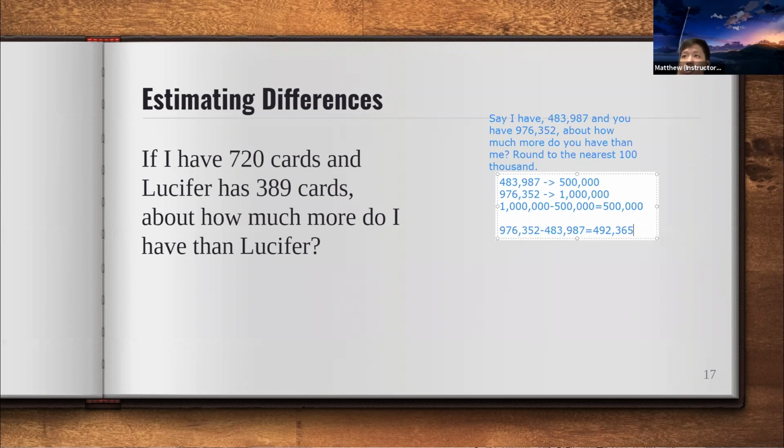So that's how much it would actually be if you actually did the math. But you wouldn't say, oh, I have 492,365 more than you. You would say, I have about 500,000 more than you, because you wouldn't want to do that math.